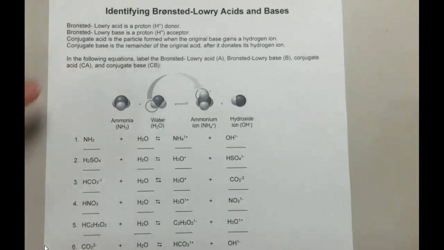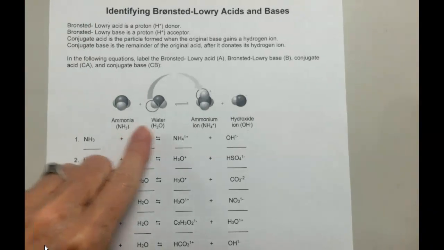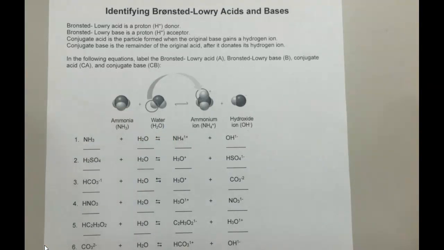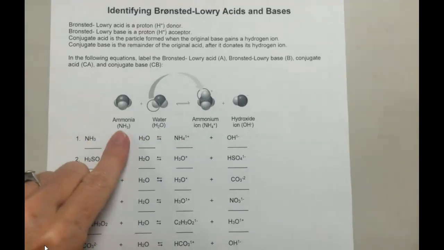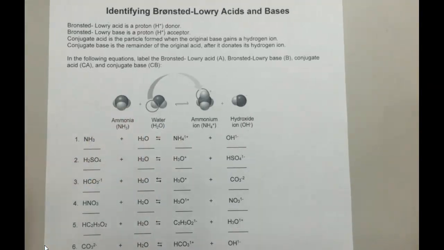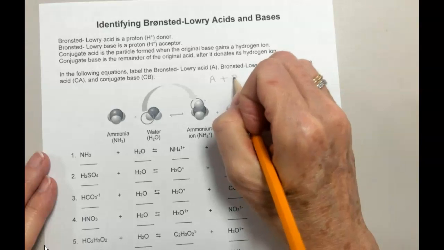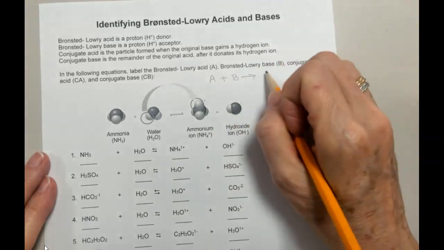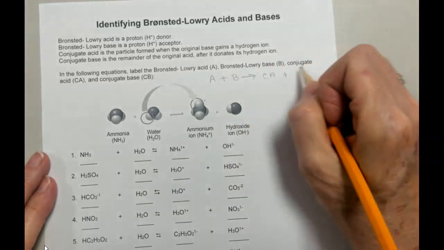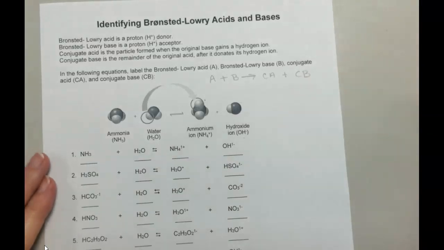This is just a picture to go with this. Someone gave away a hydrogen, so it's either got to be ammonia or water, because our acids and bases are always on the reactant side. And these produce conjugate acids and conjugate bases.